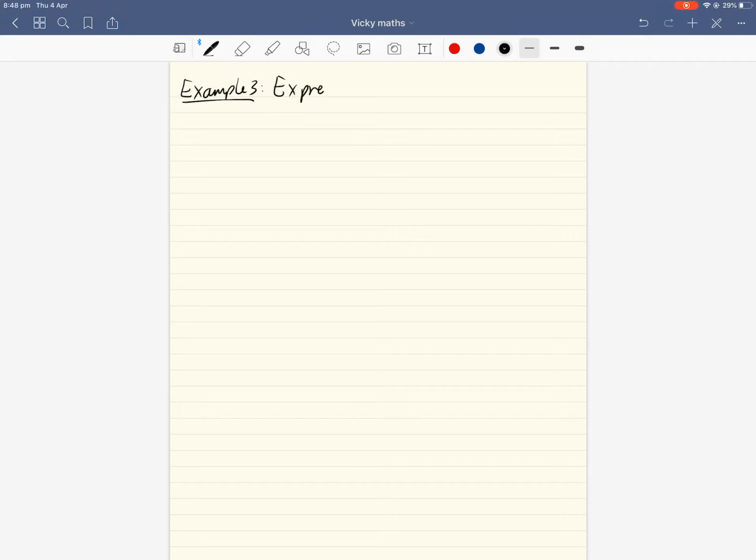Example 3, express the following as square root of a positive integer, one whole number. How can we write 2 root 5 as square root of one single number?